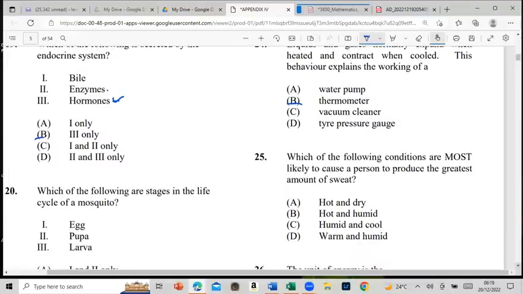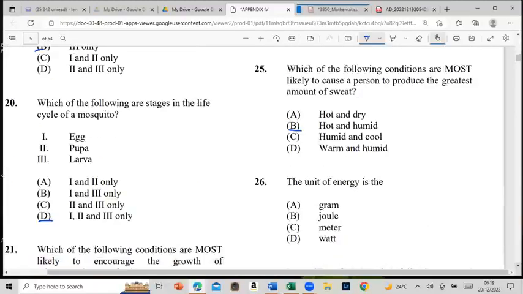Alright, let's move on to 25. Which of the following conditions are most likely to cause a person to produce great amount of sweat? Hot and dry, hot and humid, humid and cool, or warm and humid. And that would be hot and humid. Let's move on to 26.